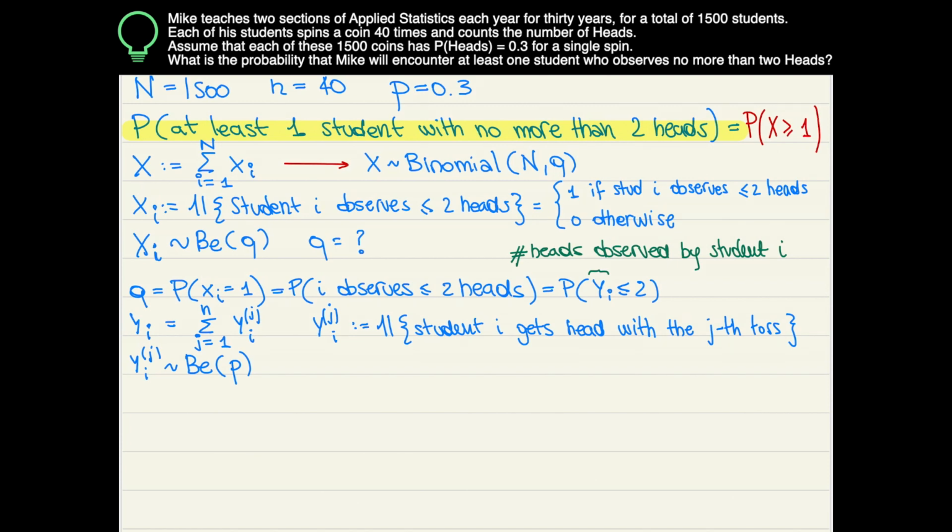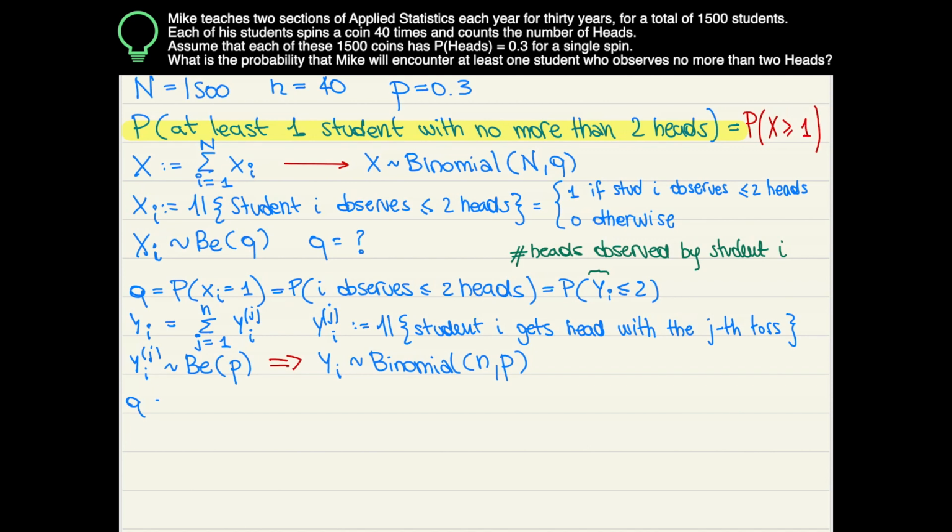And we actually know the value of this parameter p because it's given by the question, which is 0.3. Being the sum of small n Bernoulli random variables, yi is a binomial distribution with parameters little n, little p.